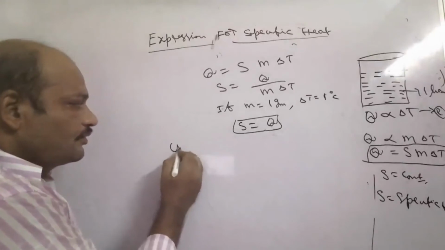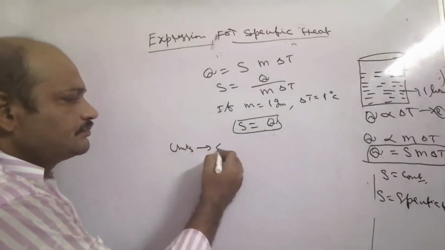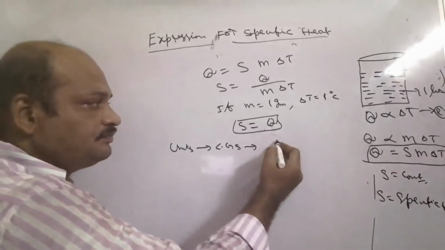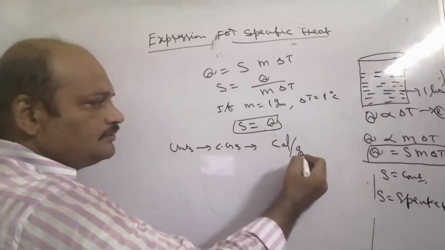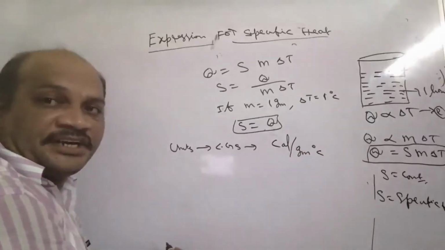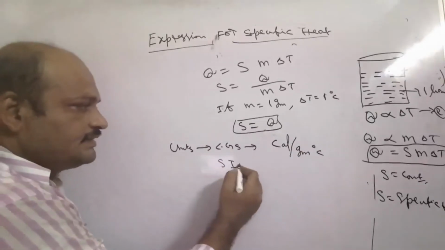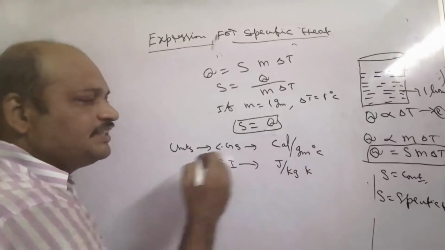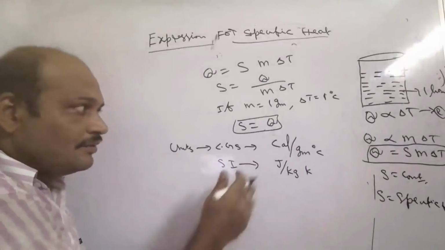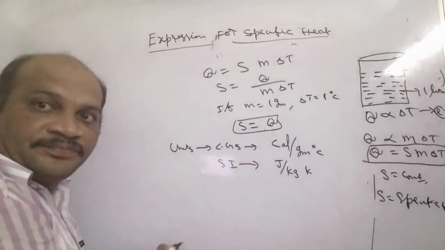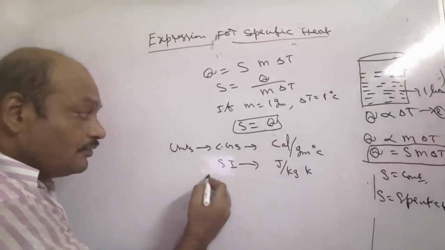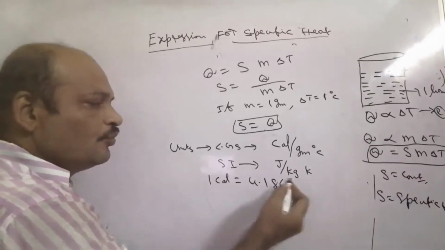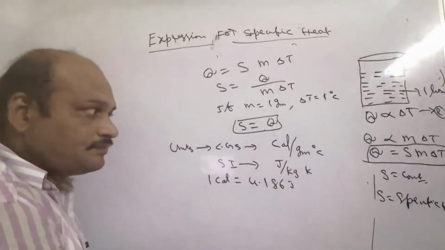Now, the units. In the CGS system, the unit for specific heat is calorie per gram degree centigrade. In the SI system, it is joule per kg Kelvin. You know very well that 1 calorie is equal to 4.186 joules.